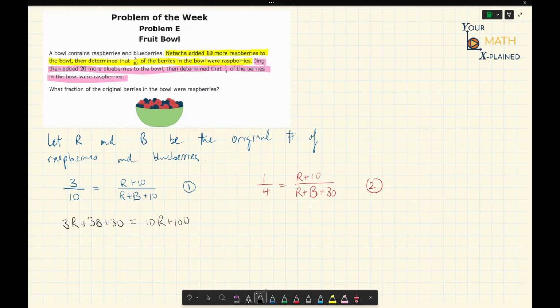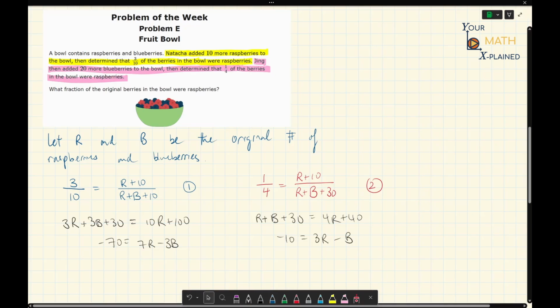So when we move some things around, we are going to get negative 70 equals 7R minus 3B. Similarly, in the second equation, we'll have R plus B plus 30 equals 4R plus 40. Simplifying will give us negative 10 equals 3R minus B.